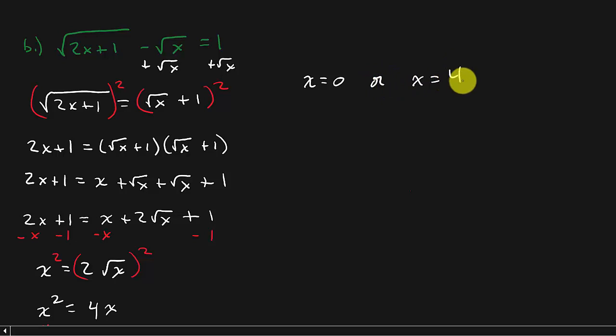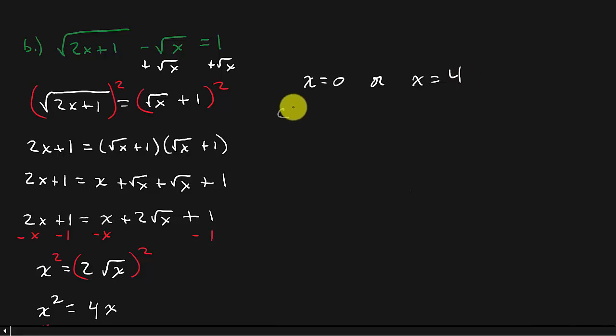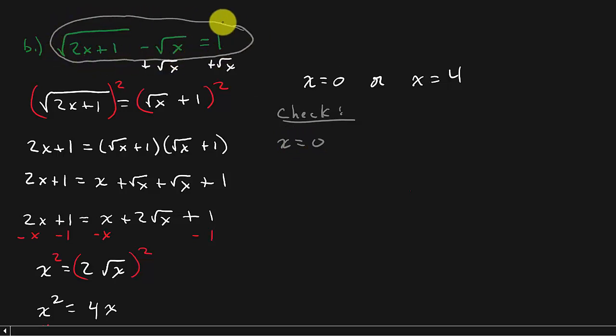But remember, I squared both sides. So that means I have to check my solutions. So let's check x equals 0 first. Remember, we have to plug it back into the original. So that's going to give me the square root of 2 times 0 plus 1, minus the square root of 0, equals 1.